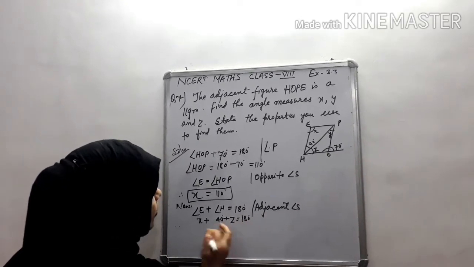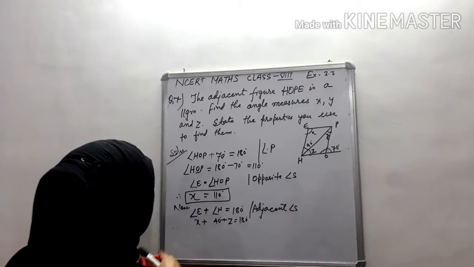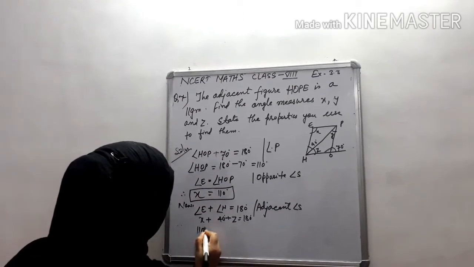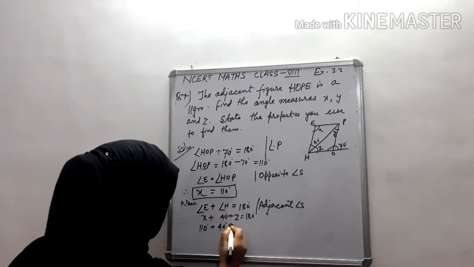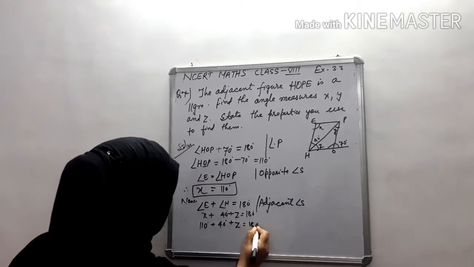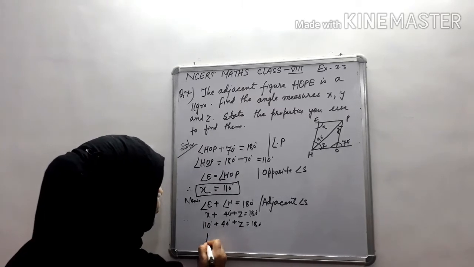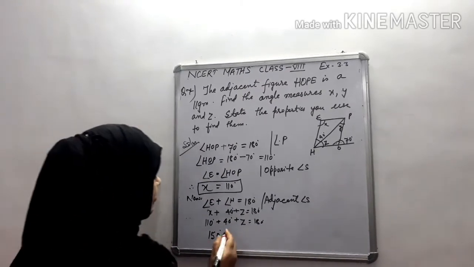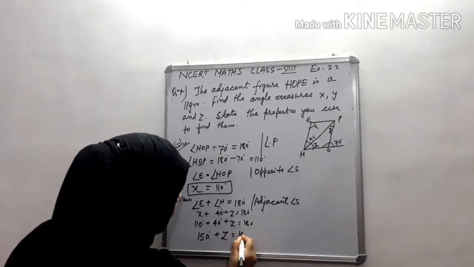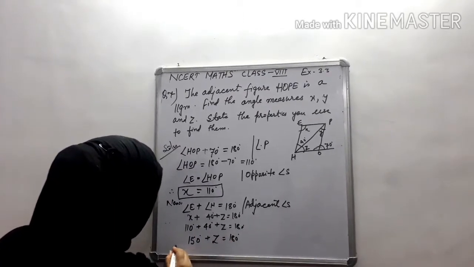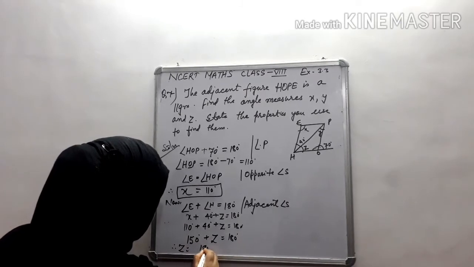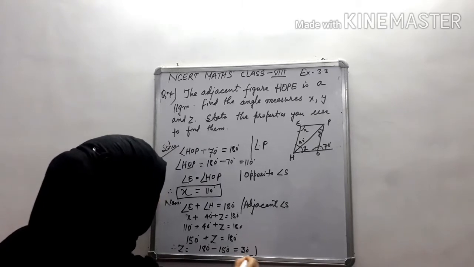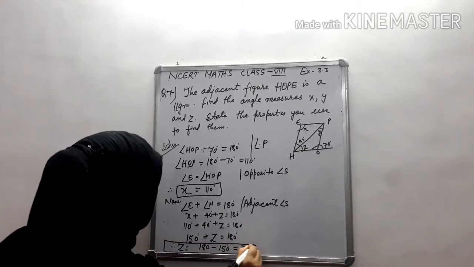What is the value of X here? That is 110 degree. Plus 40 degree plus Z is equal to 180 degree. 110 degree plus 40 degree is equal to 150 degree. Got it? 150 degree plus Z is equal to 180 degree. Therefore, Z is equal to 180 degree minus 150 degree is equal to 30 degree. This is the value of Z.